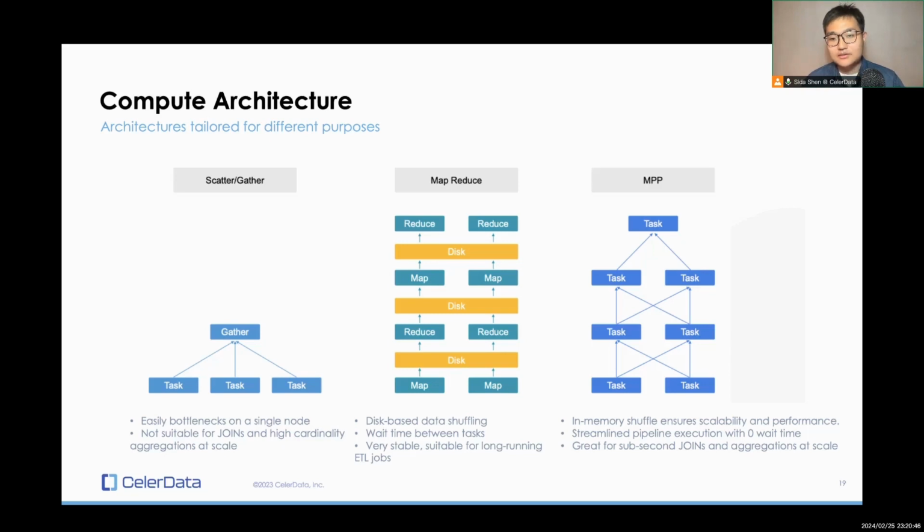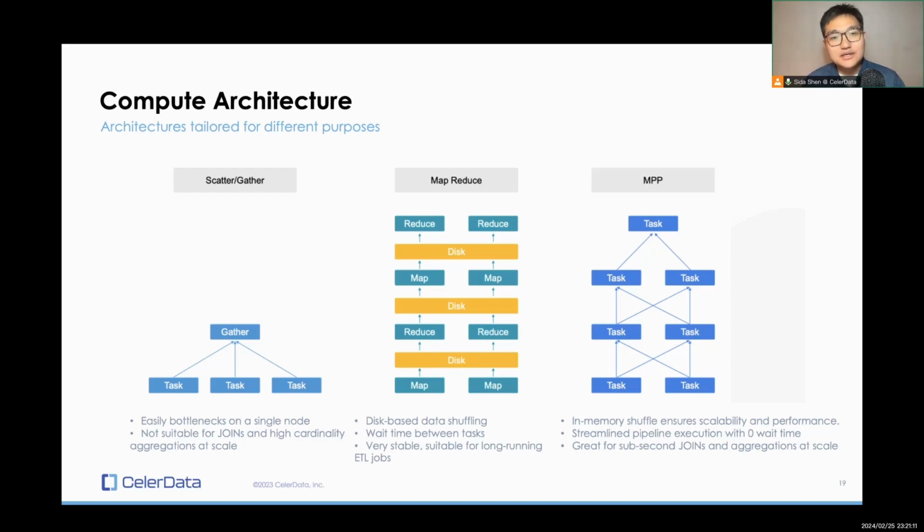The data shuffling service of MapReduce is disk-based, so all the intermediate results are stored to disk for stability reasons. The wait time between tasks is very stable for very long-running ETL workloads, but it's really not ideal for low-latency queries.